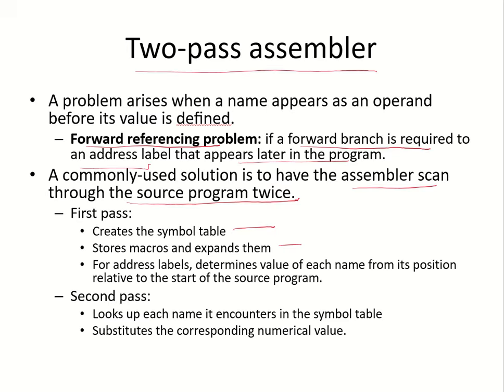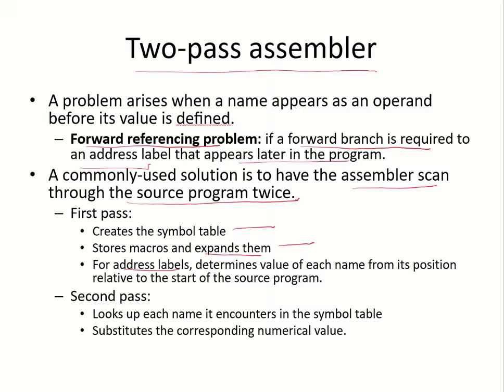It will store the macros either in the symbol table or in a separate macro table. It will store the definition of the macros also, and if further down in the program it encounters a macro name, it will expand that macro also.